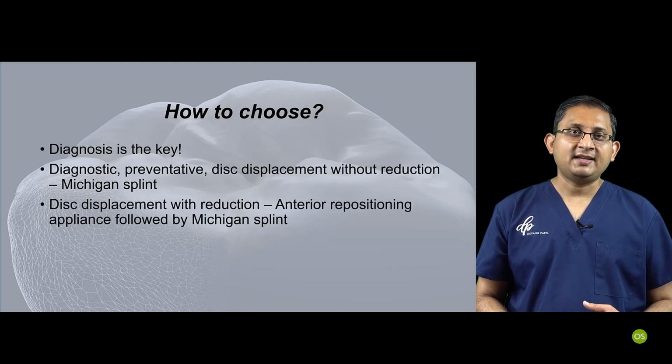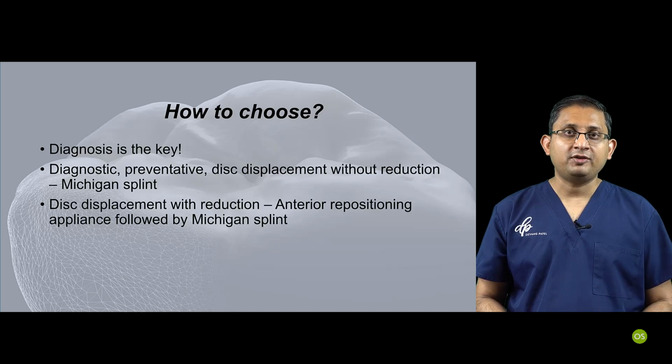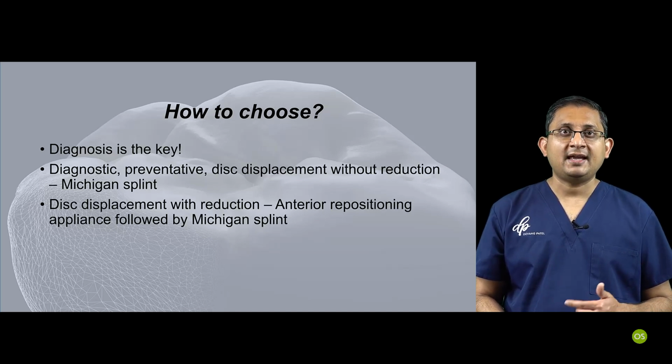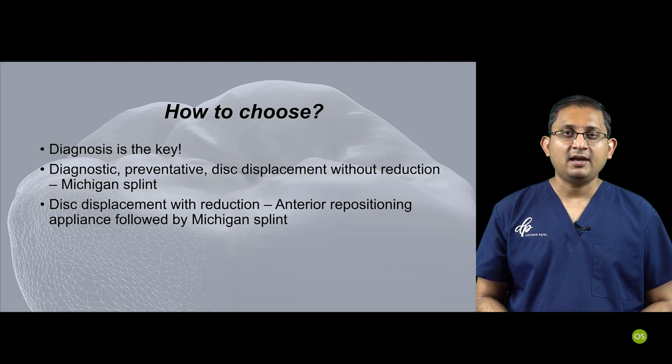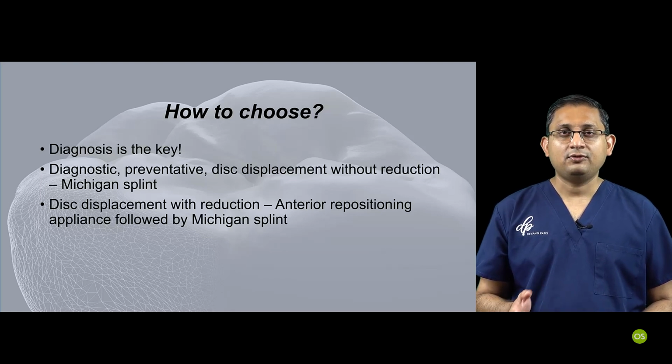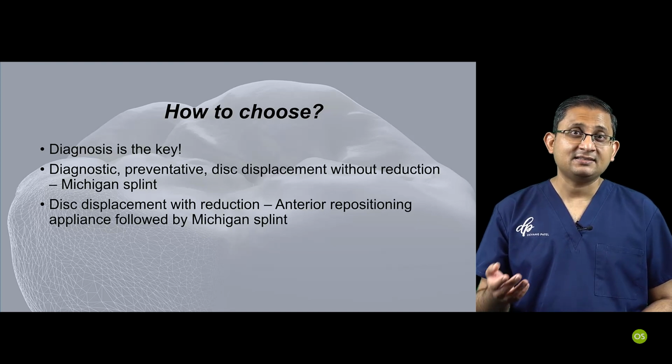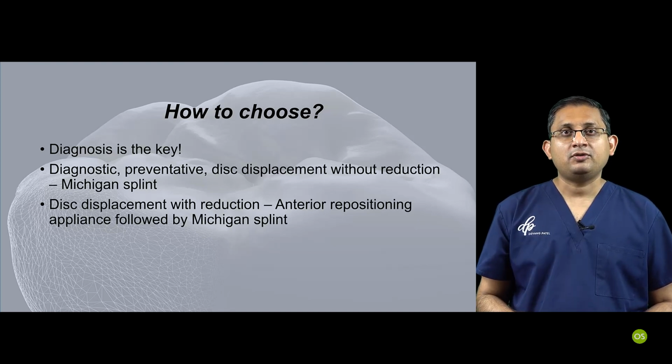If, however, the patient has disc displacement with reduction, then this is one of the cases where I use an anterior repositioning appliance for, let's say, 4 to 8 weeks, and assess the patient again. If the patient's in pain, I would leave the patient with the splint for some more time because it can take some time before the retrodiscal tissue adjusts.